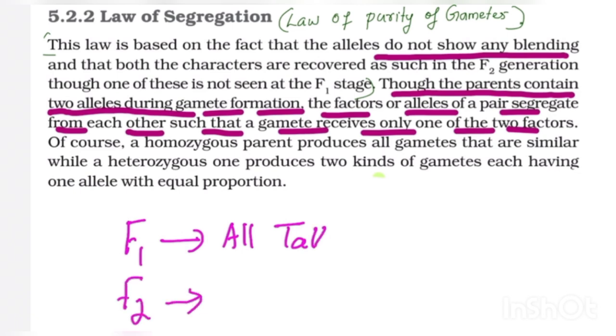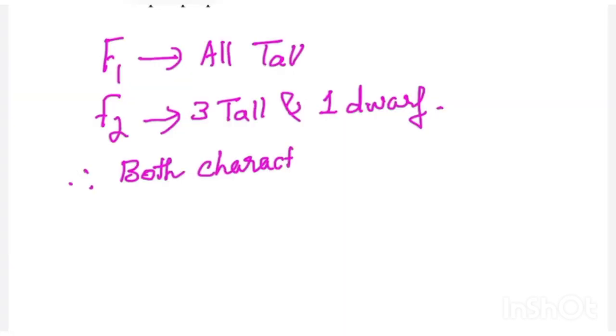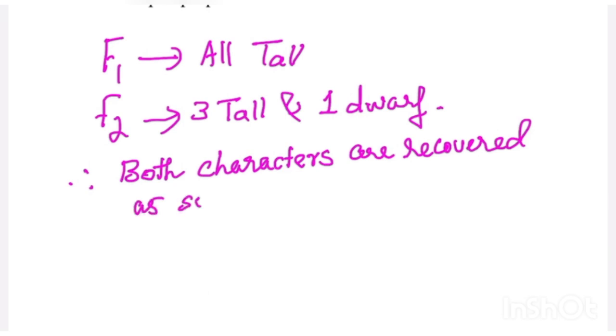F1 is all tall and F2 is three tall and one dwarf. The dwarf character was not in F1, but it reappears in F2. So both characters are recovered in F2.